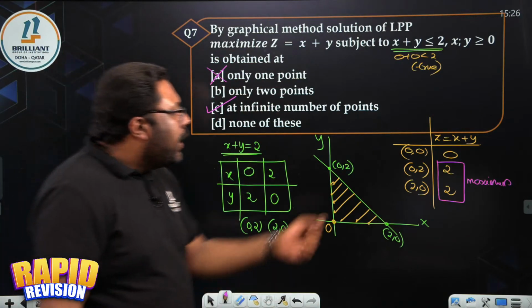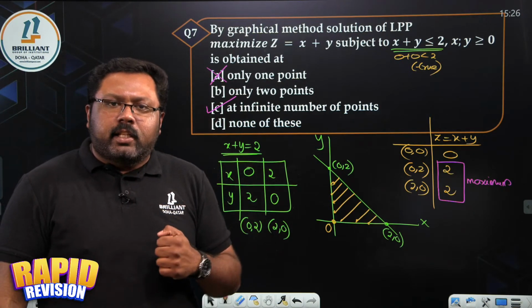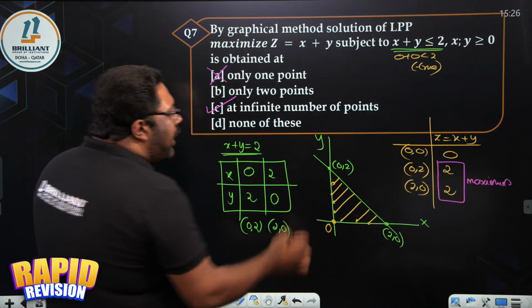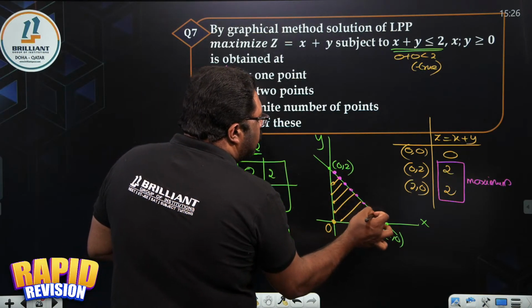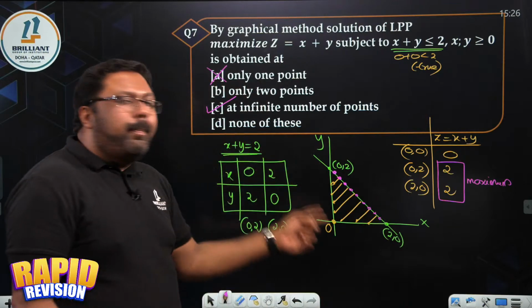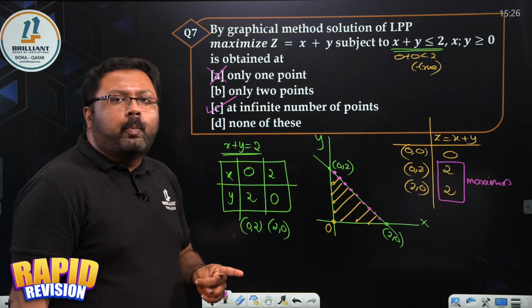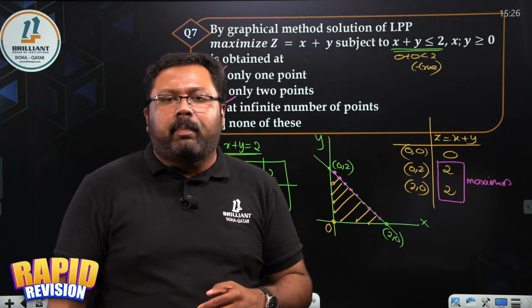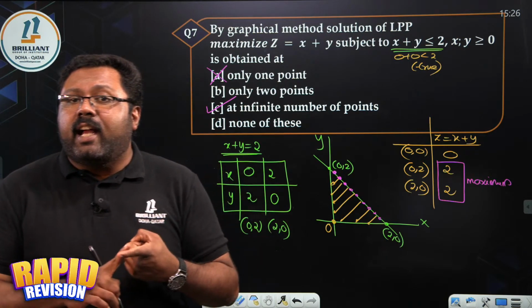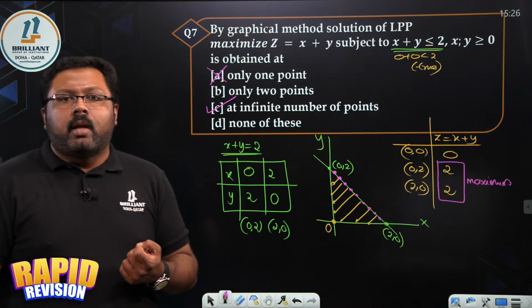Why? Because if there are 2 solutions, every point on that line is a solution, right? So how many points are on that line? Infinitely many. So don't write only 2 points. That's a wrong answer. This is the 3rd question I'm explaining based on this, so understand the relevance and importance of multiple optimal solutions.